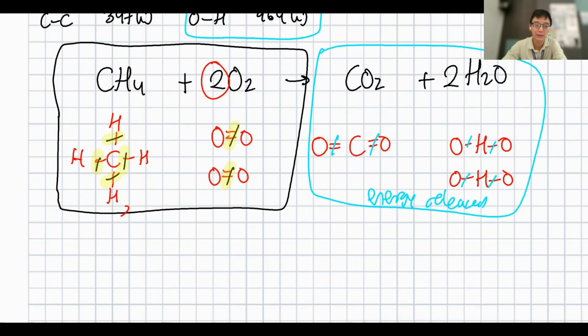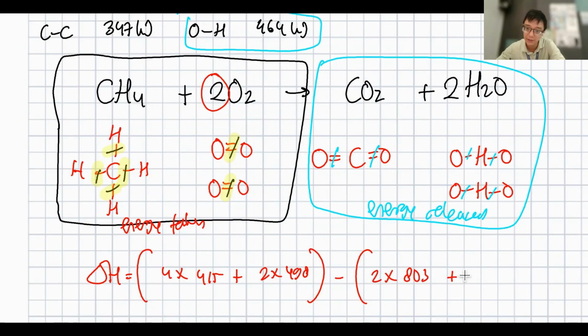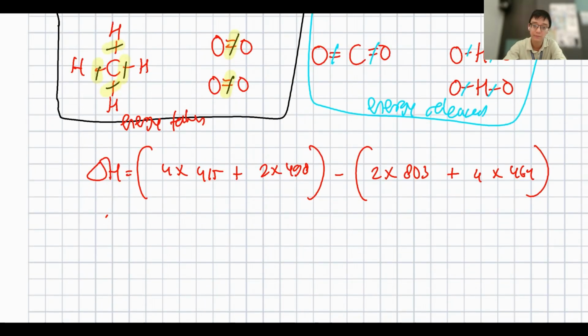So if we want to consider energy taken, for the delta H we would have to count the energy taken. So 4 times C-H, 415, plus 2 times 498, minus this thing: 2 times 803 plus 4 times 464. Now let's see. 1640 plus 498 times 2, 996.